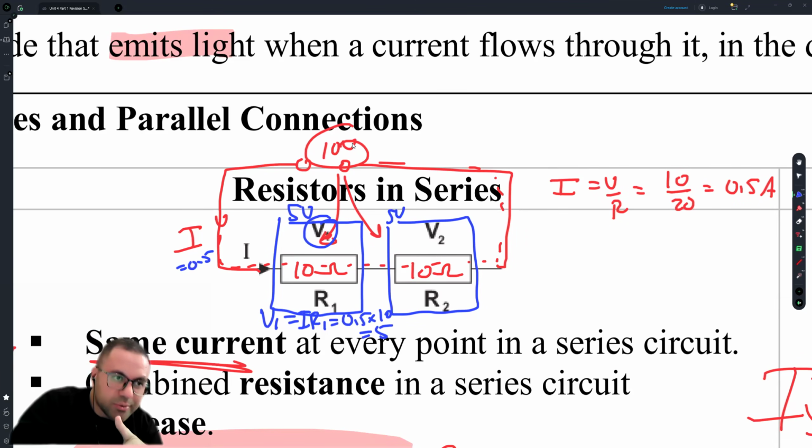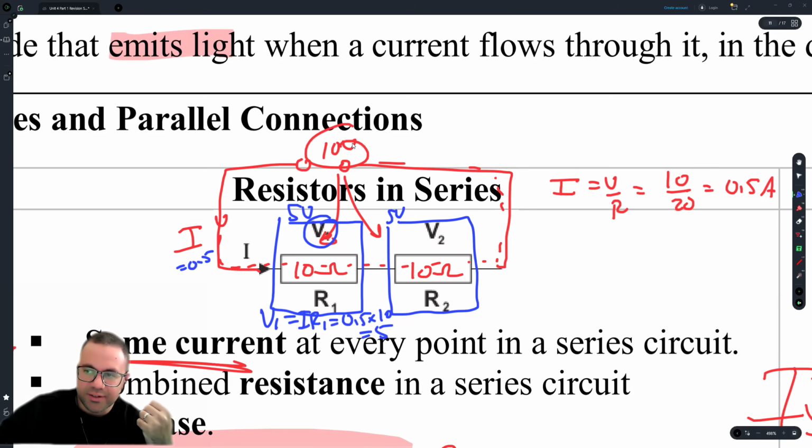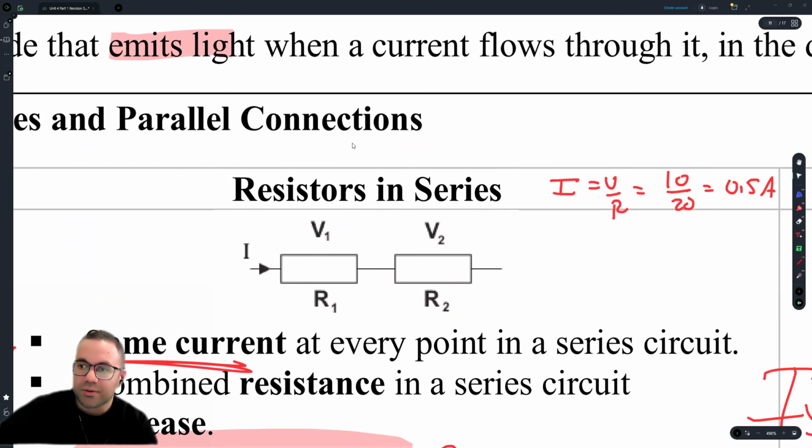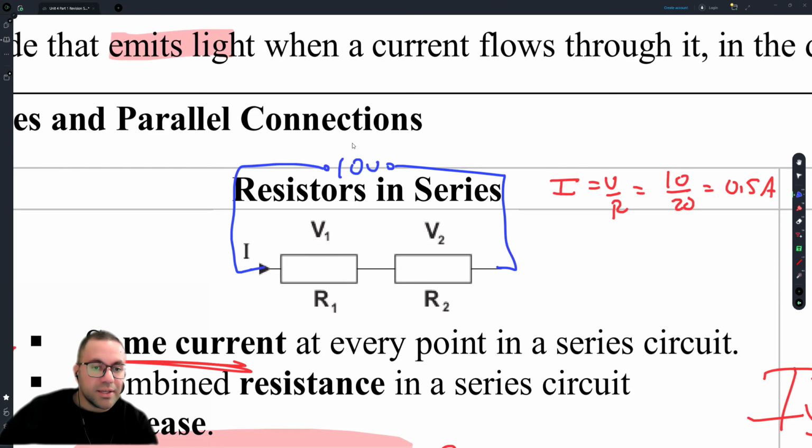It's not always equal. It depends on the ratio of the resistors. For example, if this wasn't 10 and 10, what if this was, let's just use the same supply, a 10 ohm resistor and a 90 ohm resistor, going for the extreme.